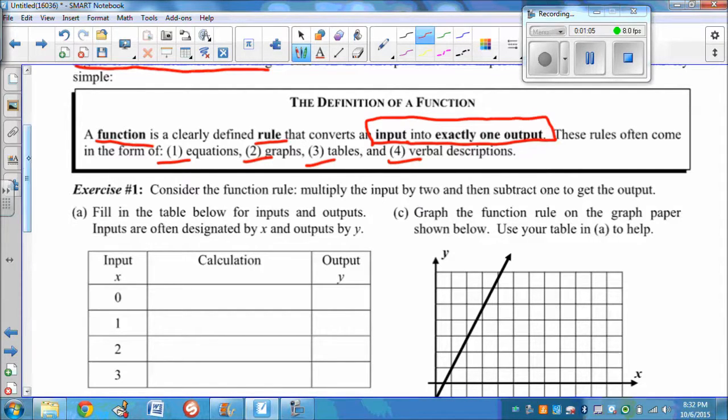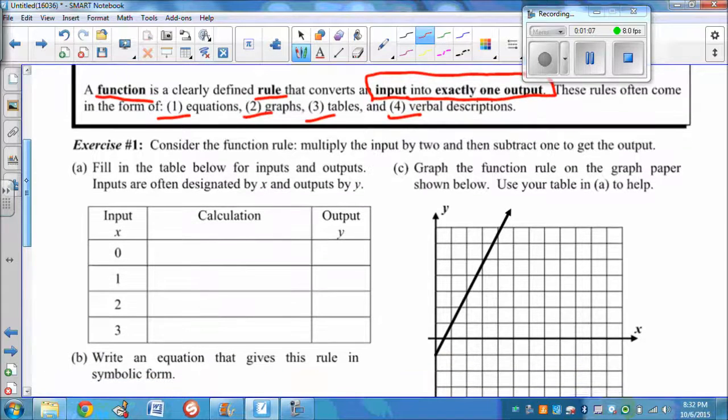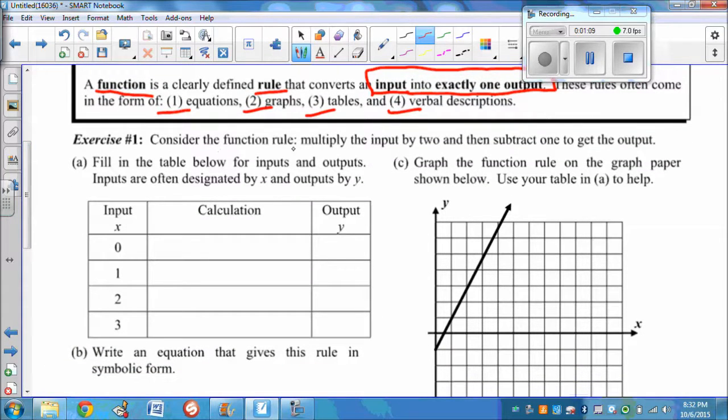Okay, so let's look at this first example, and it says consider the function rule. Let's read it. What do they mean by this rule? It says multiply the input by 2 and then subtract 1 to get the output. All right, so that's our rule. And it says fill in the table below for inputs and outputs.